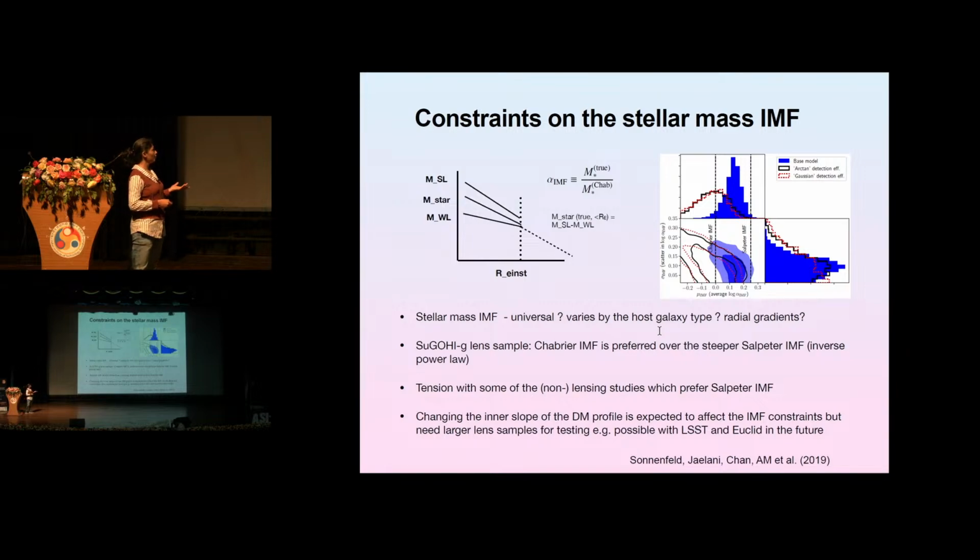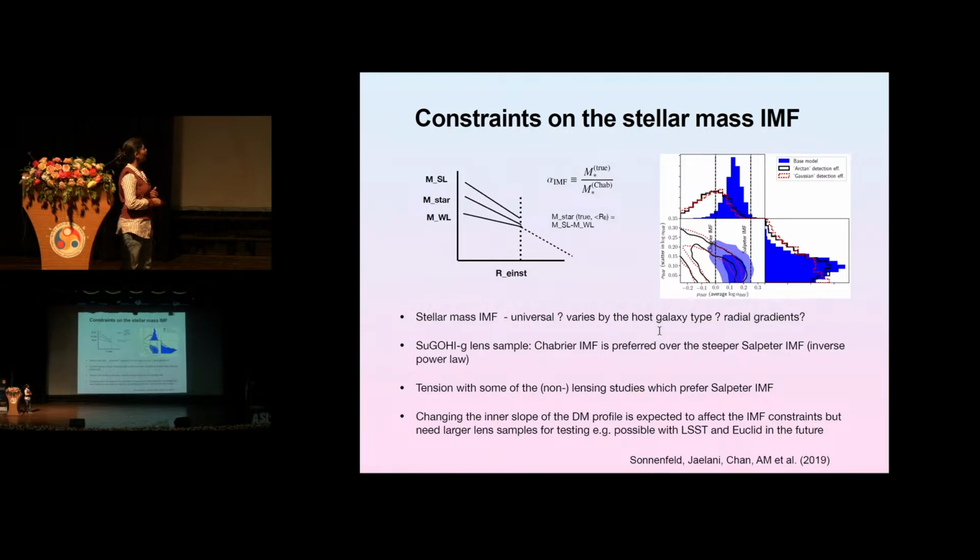One important thing to note here is that there is some sort of degeneracy between the inner slope of the dark matter profile and the choice of the IMF. The current sample that we have is fairly limited, and this can be further improved if we get much larger samples, which is possible with surveys like the Rubin LSST and Euclid. So this can be further improved.